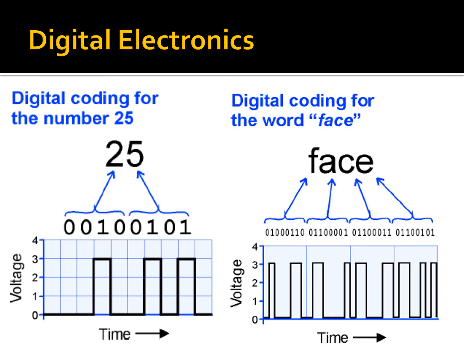So for the number 25, I have 00100101. But for face, remember, I'm dealing with the ASCII code. The F is 01100110. The A is 01100001. The C is 0110011. And the E is 011000101.